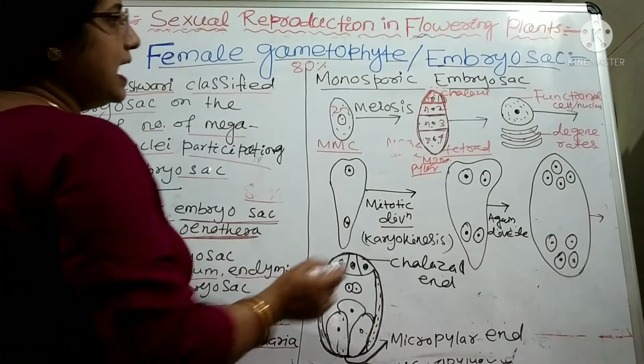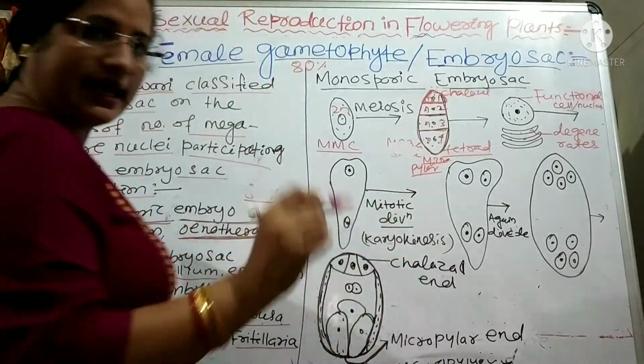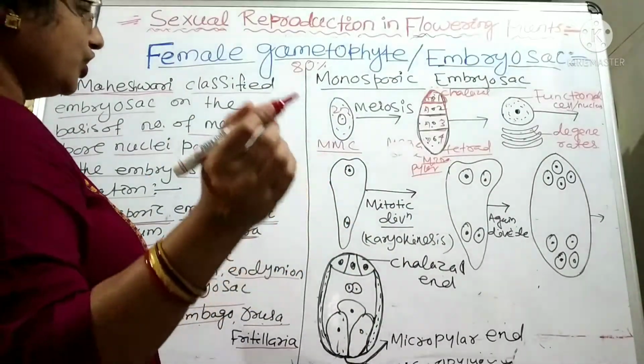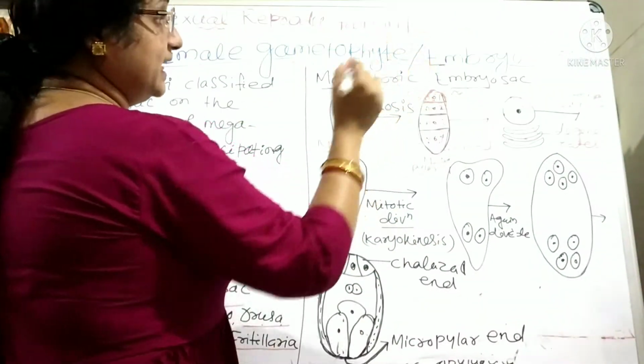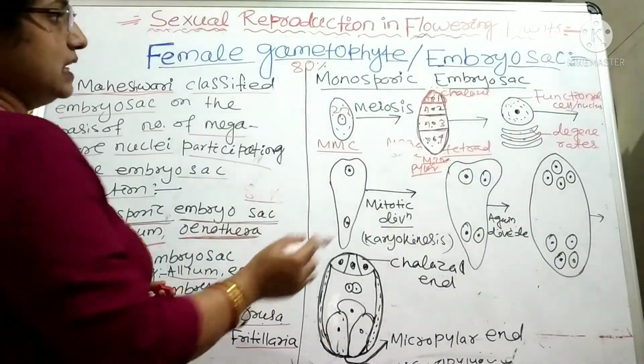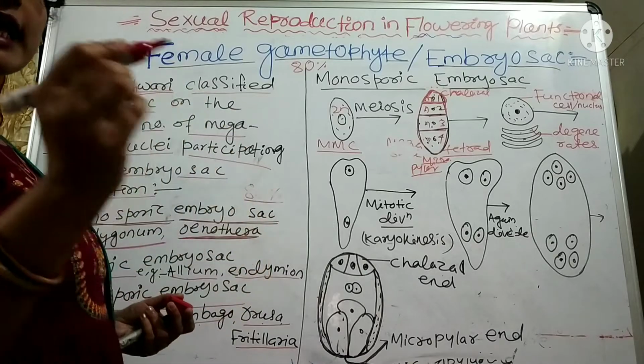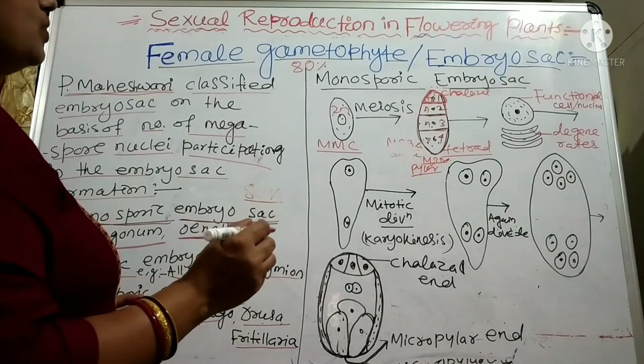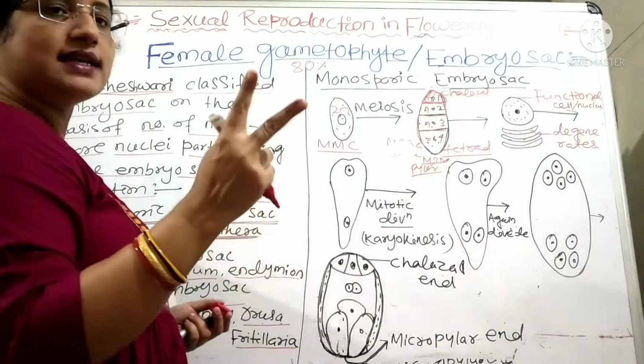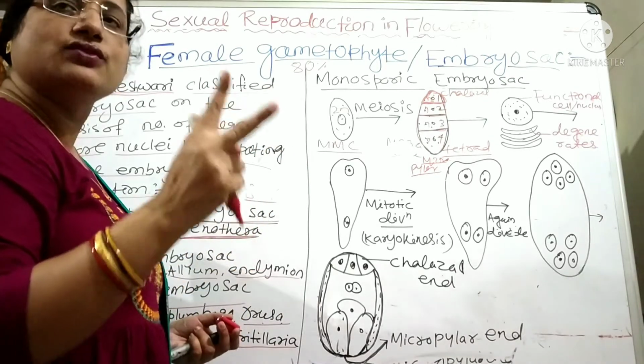This functional cell and nucleus undergoes mitotic division. In mitosis, the chromosome numbers remain the same; it is known as equational division.